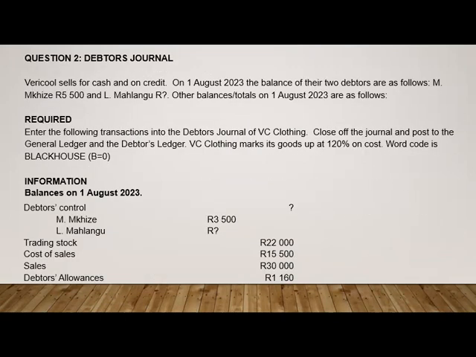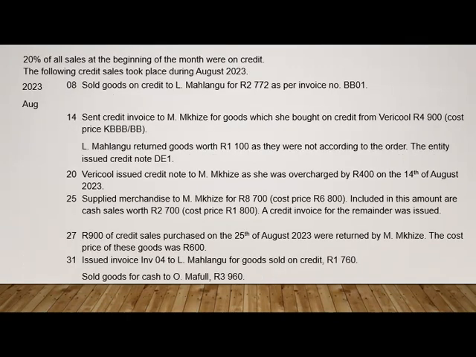You were not given the debtors control at the beginning of the month, and you were also not given the balance that is owed by one of the debtors. So there was no way you could get this, but they told you that 20%. Before you do anything, I just want you to give yourself 40 minutes and do this. Sit down and do it for 40 minutes, okay? And then press play.